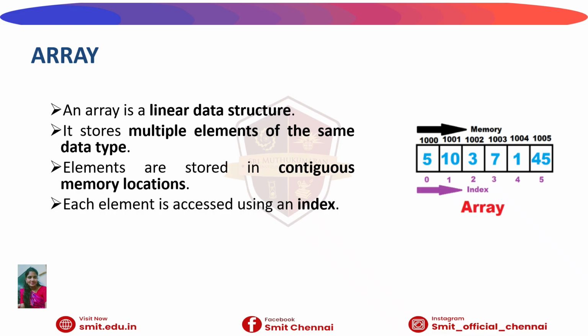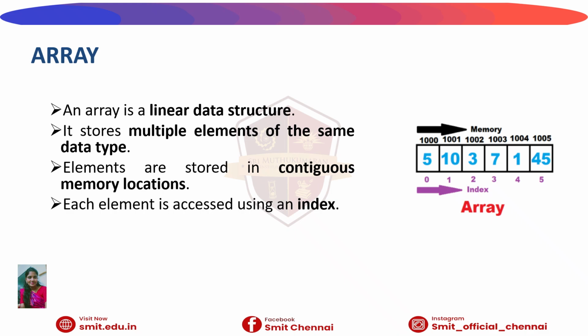Each element is accessed using an index. For example, if I want to store marks of 5 students, instead of using 5 different variables, I can store all the marks in a single array. So, arrays make data storage simple and organized to access the data faster.